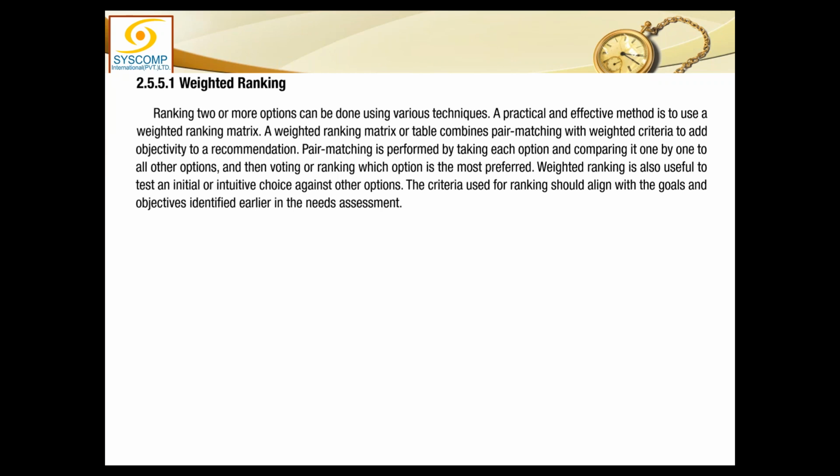So say one on the table, then you compare the one on the table with the third option and see which one is better. If the one in hand is better, that means out of the three, pair matching has resulted in the second option.